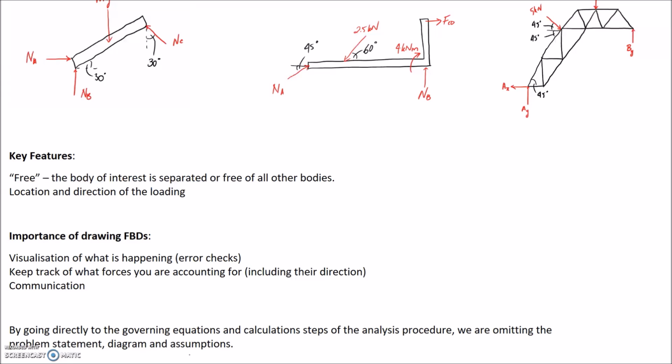But in the long run, if you're analysing a large structure that might involve multiple bodies and many steps to get to an answer, it's going to be really important that you go through these processes. And that's why in every single question I do that uses, say, sum of forces equals mass times acceleration as an equation, I will be drawing the diagram associated with that equation.